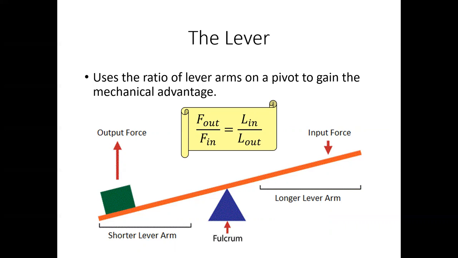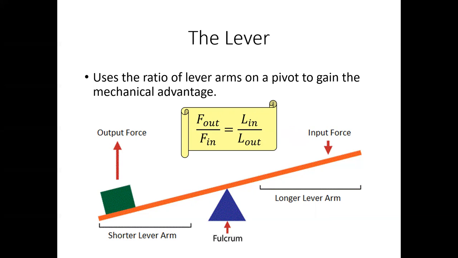Now, if the lever arms are the same, that is, the distance from the blue fulcrum to the red input arrow is the same as the distance from the fulcrum to the left red arrow, then there's not going to be any advantage. I'm going to have to push down with an F amount of force, and I will get an F amount of force back to lift the green box up.